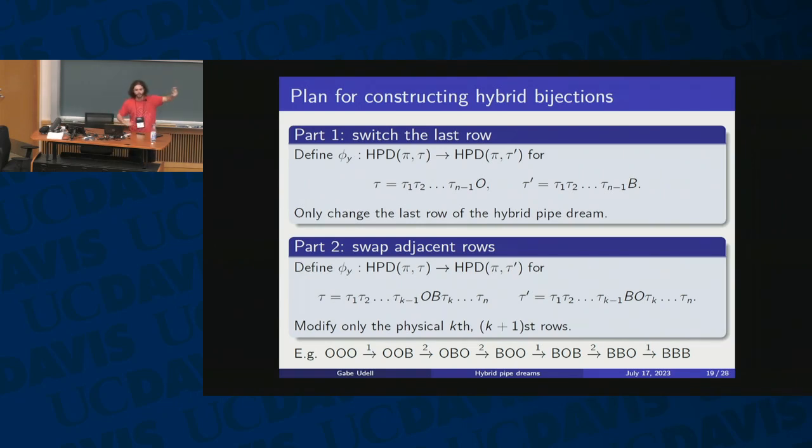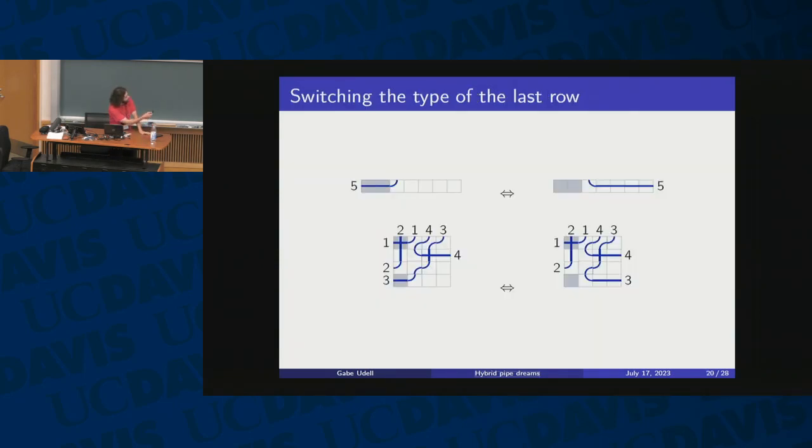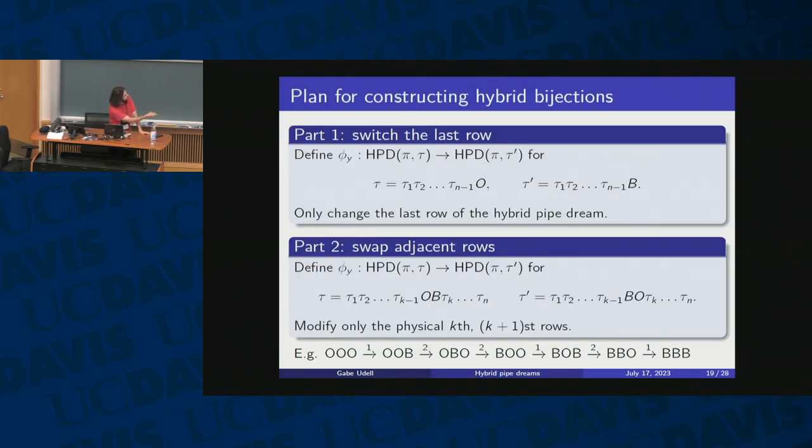So we have an ordinary row on top of a bumpless row, and then we'll change that to being a bumpless row on top of an ordinary row by modifying those two rows and not touching any other rows. And at the bottom of the screen there, we have an example of how these two types of maps allow us to go between all ordinary and all bumpless.